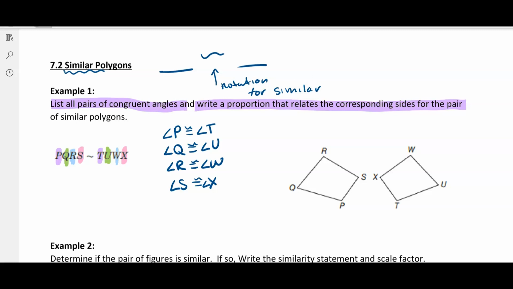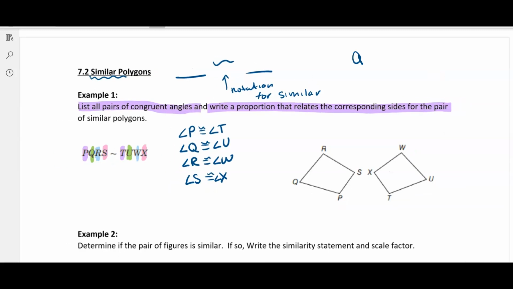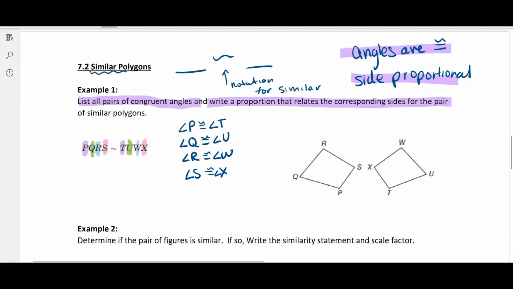So similar: angles are congruent, and sides are not congruent, they are proportional. Okay, so those are the key things when we're talking about similar polygons, similar shapes. Angles are congruent, sides are proportional. Now we're going to go ahead and do those sides here.